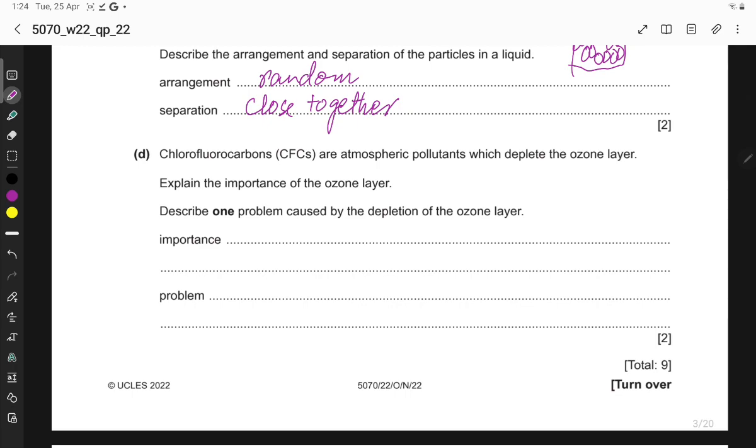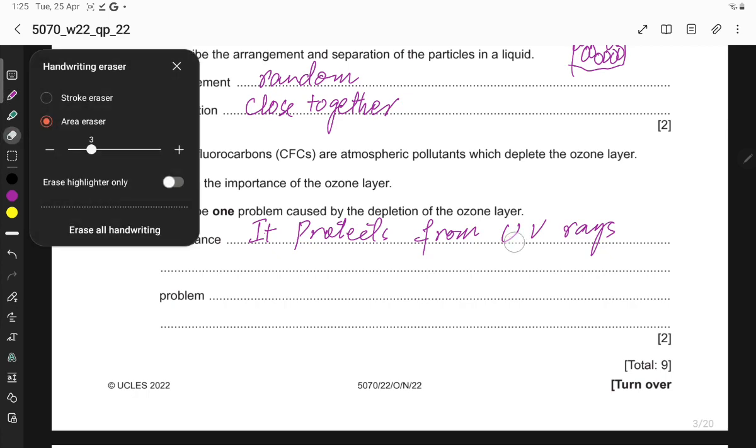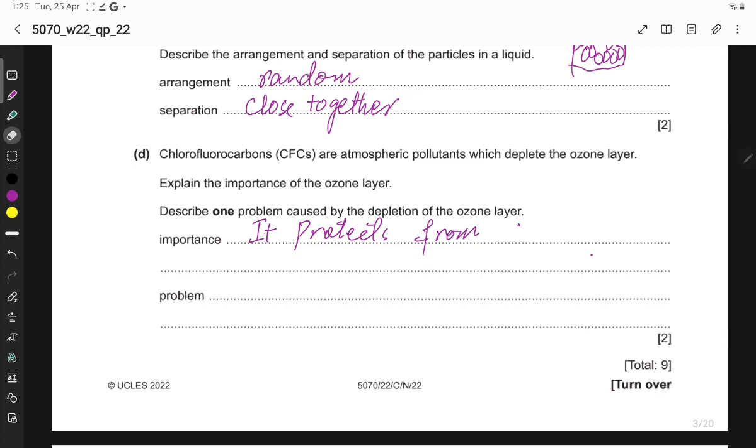Ozone importance: the ozone layer protects from UV rays, or ultraviolet rays. Write down ultraviolet rays, not UV rays.